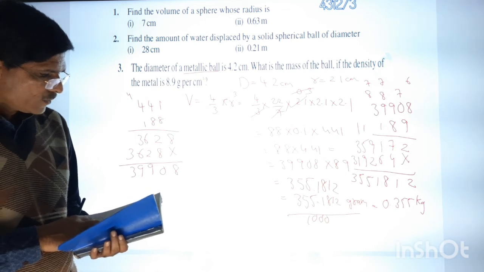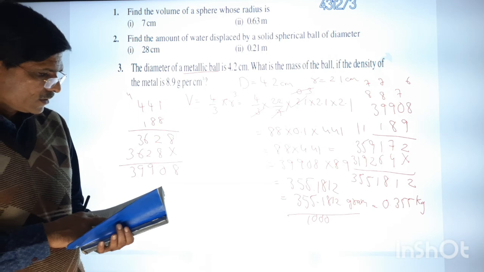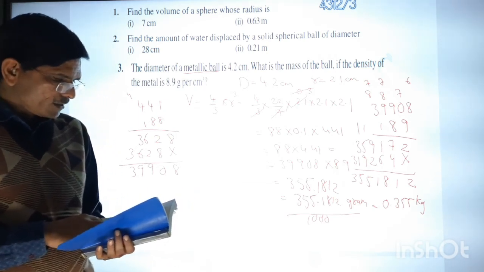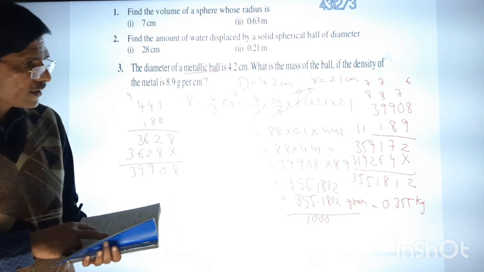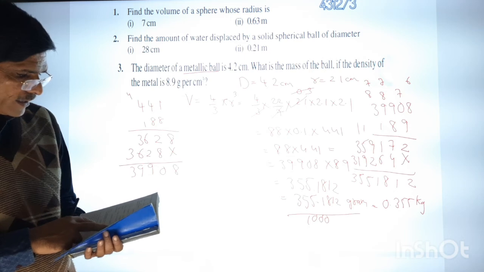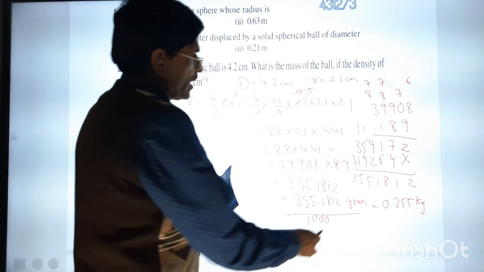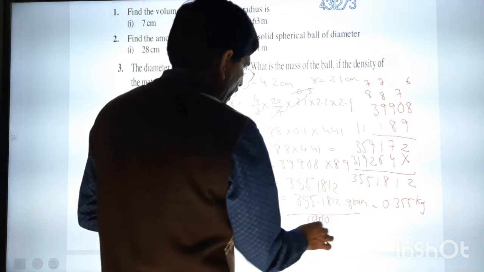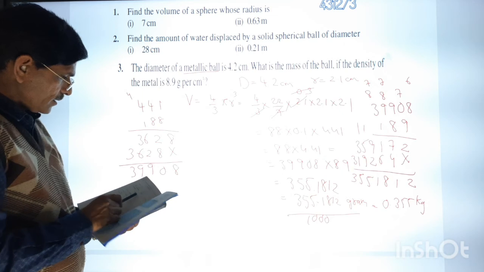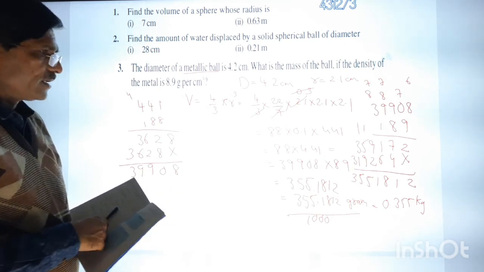13.8, we are doing question number third sum. The answer is 345.39.